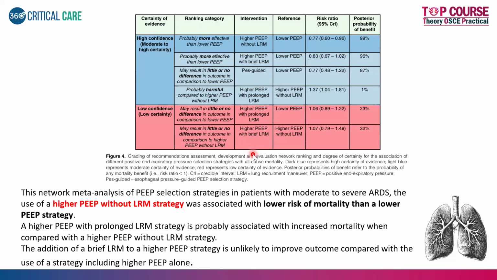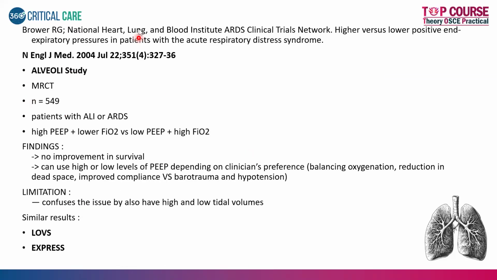understand better. Okay. So we all know about the ALVEOLI, LOVS, and EXPRESS trials, which actually looked into the effect of higher versus lower PEEP. What they saw was there was no improvement in survival. Again, here they compared the ratios of FiO2 versus PEEP based on the ARDS-NET protocol. Okay.